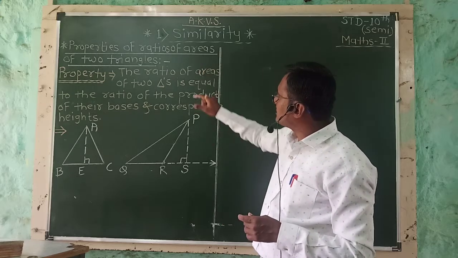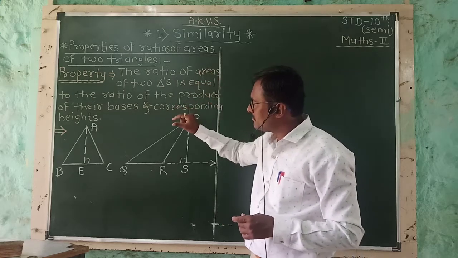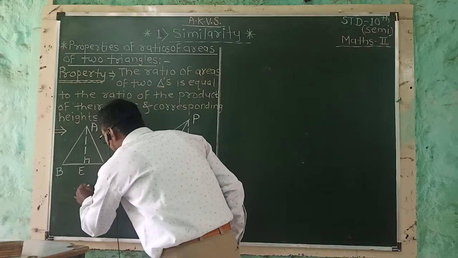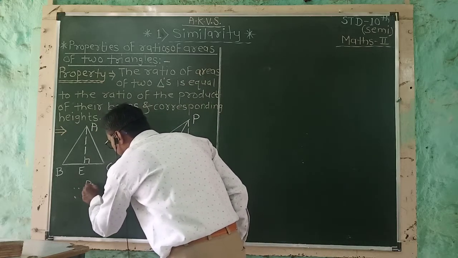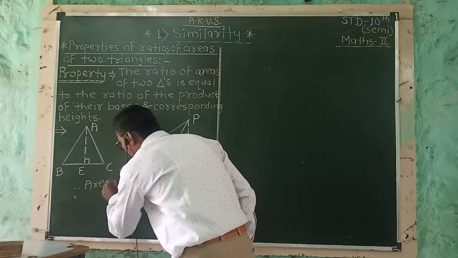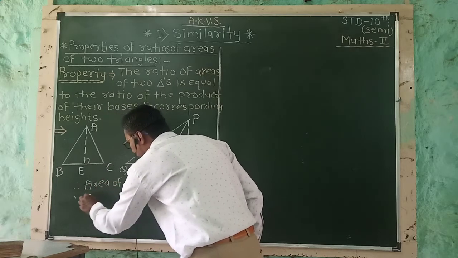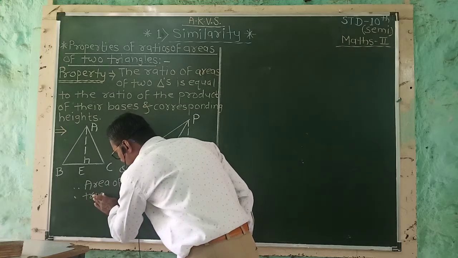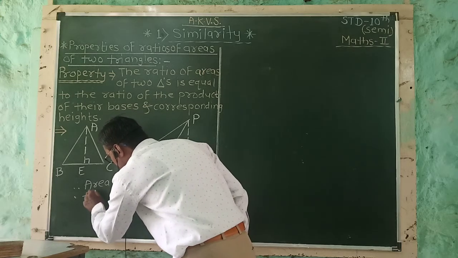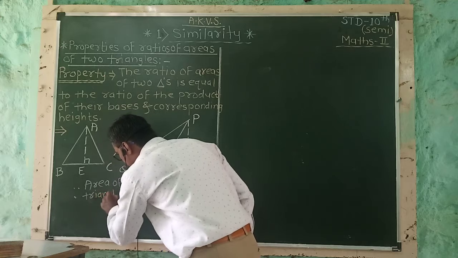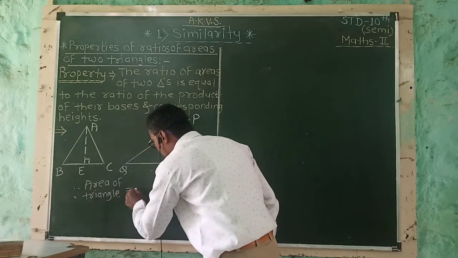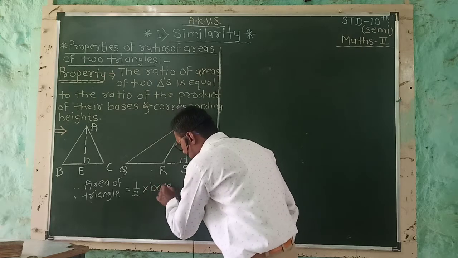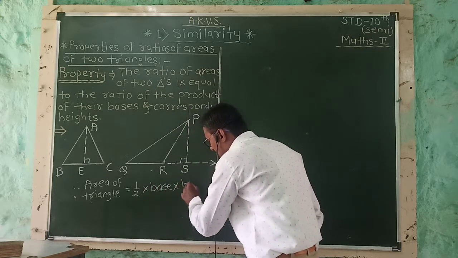Now I am going to compare the ratio. The basic idea, I am going to write: area of triangle is equal to 1/2 base into height.